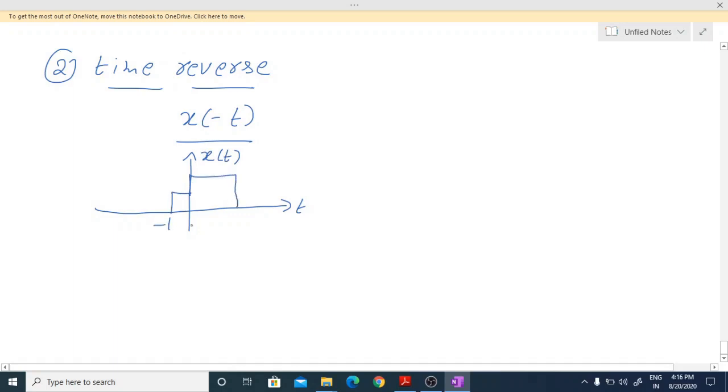Again I consider the same signal, 0, 1, 2. The amplitudes are the same. Let us consider this signal x of t, and now if you apply the time reversing operation, then what happens? The time reverse operation is x of minus t. What does that mean?